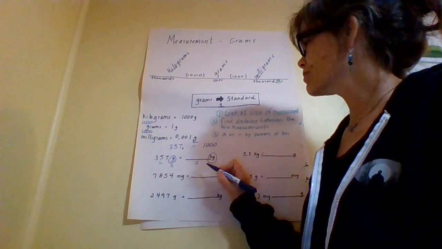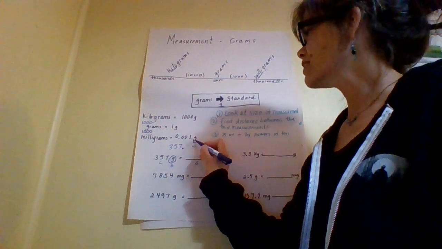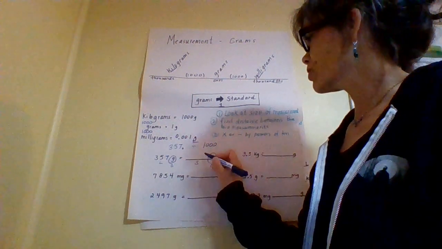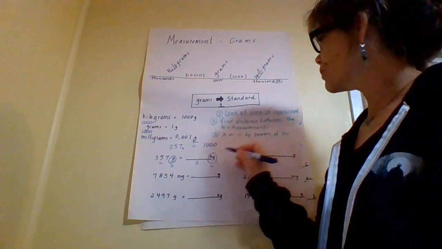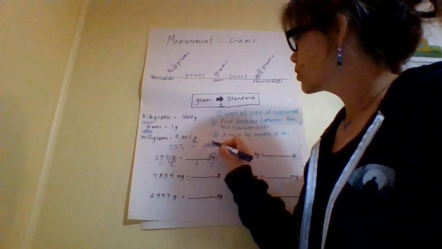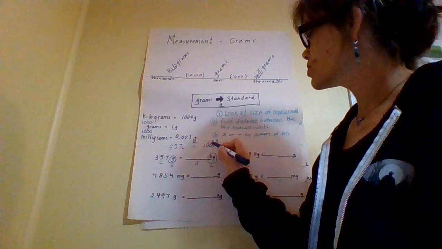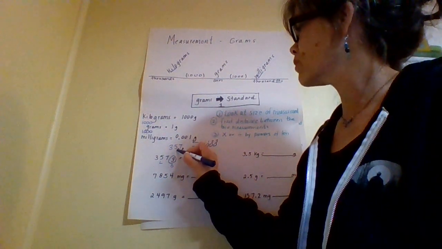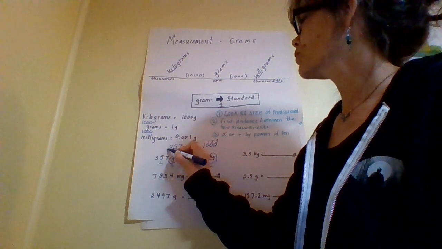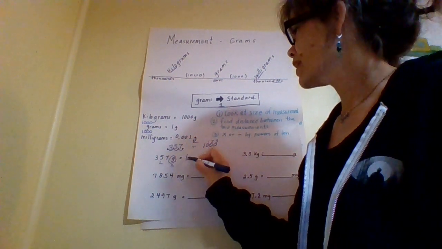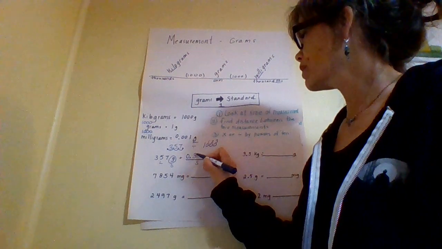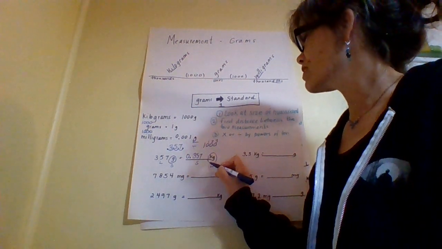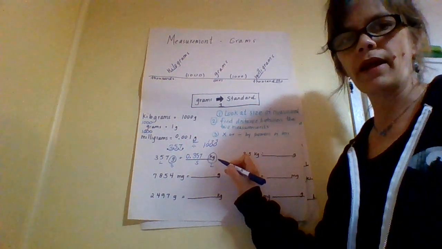It's just not written in. And we know if we're dividing, the number is going to get smaller. And then following our powers of 10 rule, we know we're going to move 1, 2, 3 place value spaces to the left, smaller, 1, 2, 3. So our answer is going to be 357 thousandths of a gram.